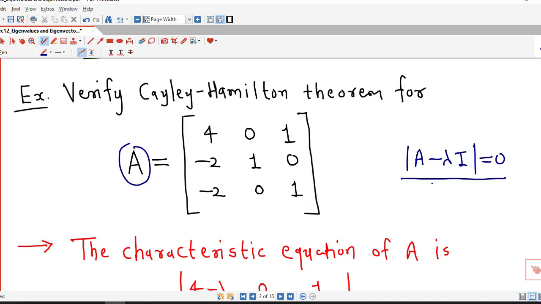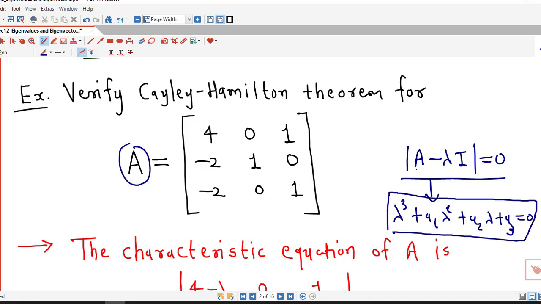So first we find out the characteristic equation of this matrix in powers of lambda, and then we replace lambda by A in this equation. So we will have A cube plus A1 A square plus A2 A plus A3 equal to 0. That we will obtain by the Cayley-Hamilton theorem.